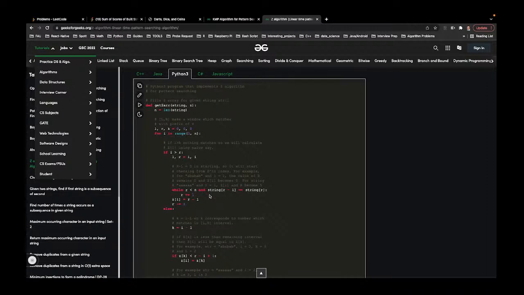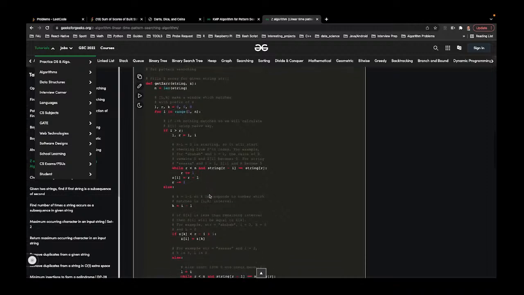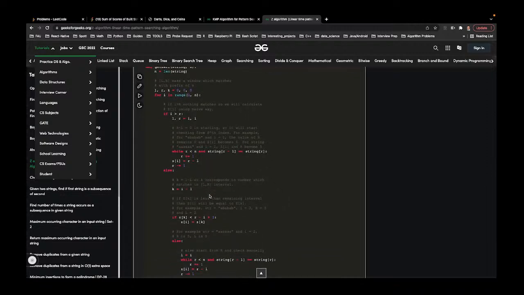Now I is inside. So K equals I minus L, and K corresponds to the number which matches the prefix already, which matches in the LR interval.